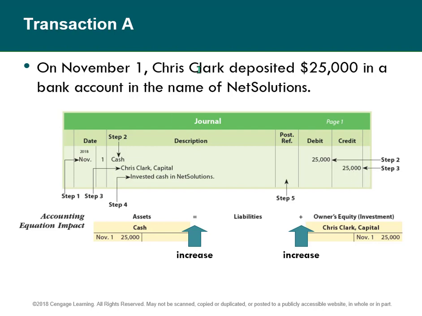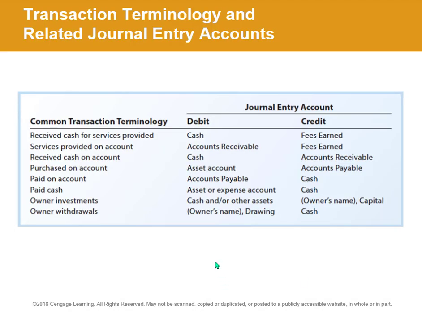So this is Chris Clark deposited $25,000 in a bank account. Cash increased by $25,000, debit cash, credit Chris Clark Capital. And here are different ways. This is just terminology.